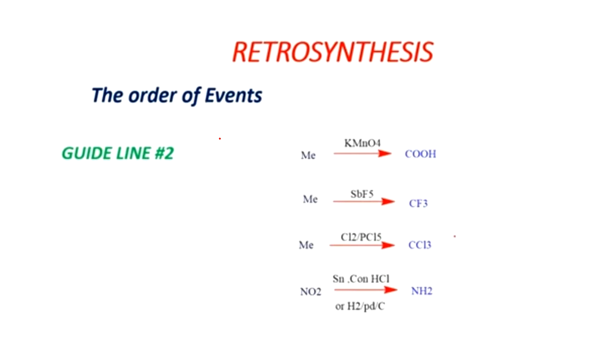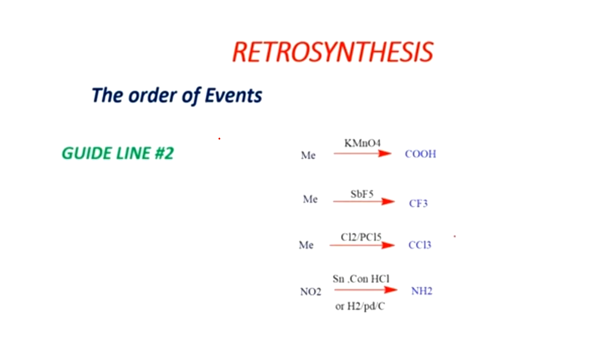When we do a retrosynthesis we have to know which group is electron donating or which group is electron withdrawing, and the reactivity of the given compound. We always need to know how we can transform one compound into another by using different reagents and chemicals, to get a specific compound, a desired compound.